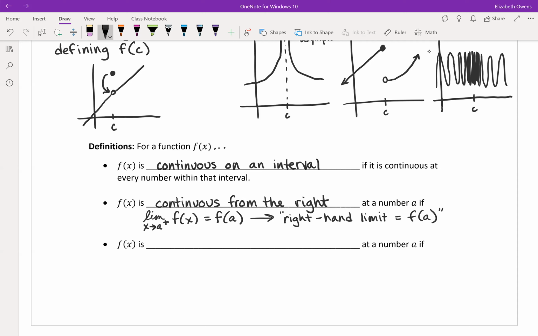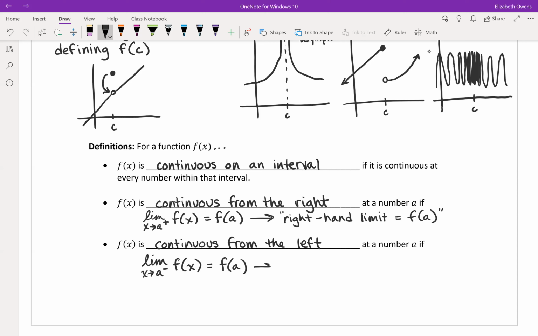For our next definition, it's going to be the opposite. F of x is continuous from the left at a number a if the limit as x approaches a from the left of f of x equals f of a.